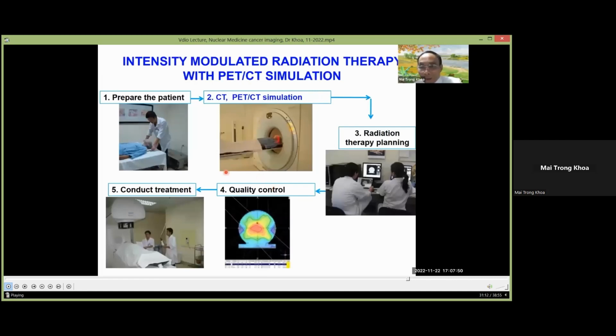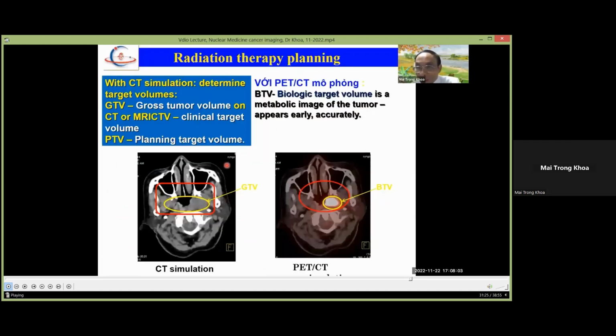And this is the process of blending radiation therapy with PET-CT in our hospital. And PET-CT simulation has all the values of CT simulation, but has a new value, that is the BTV.